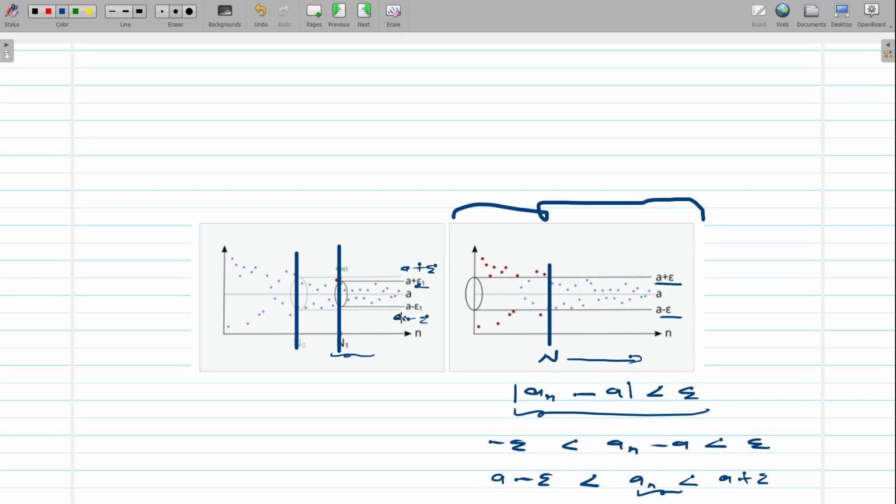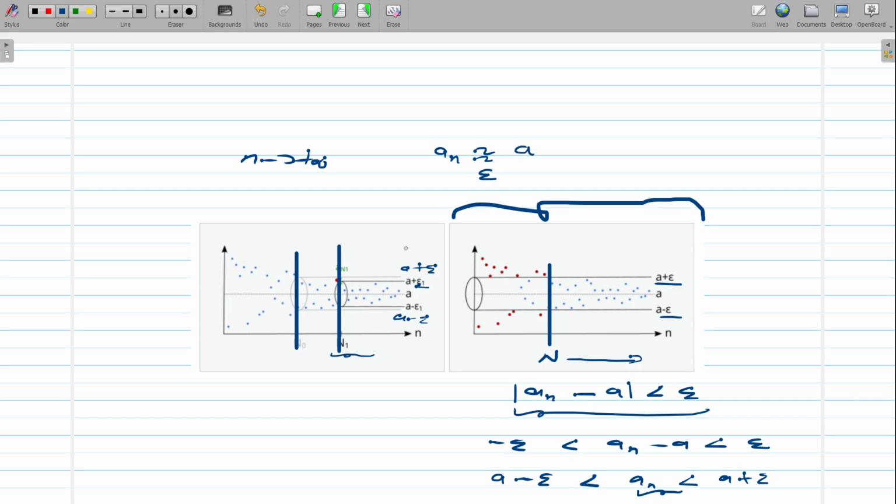To summarize, for some n large enough, as n goes to infinity, the sequence a sub n is going to approximate its limit, which is a, to within epsilon.